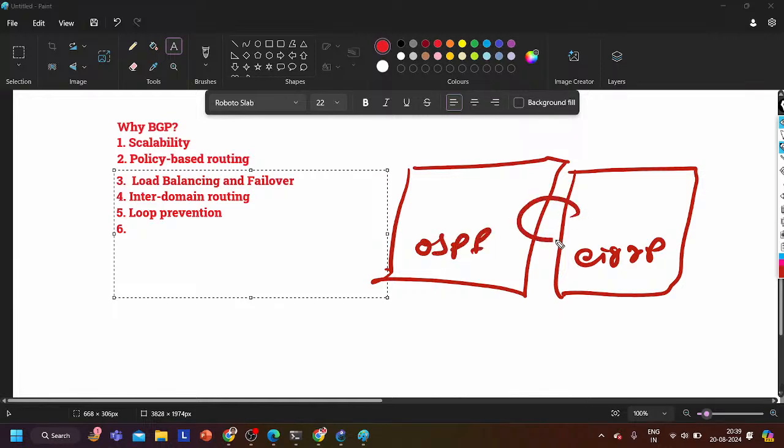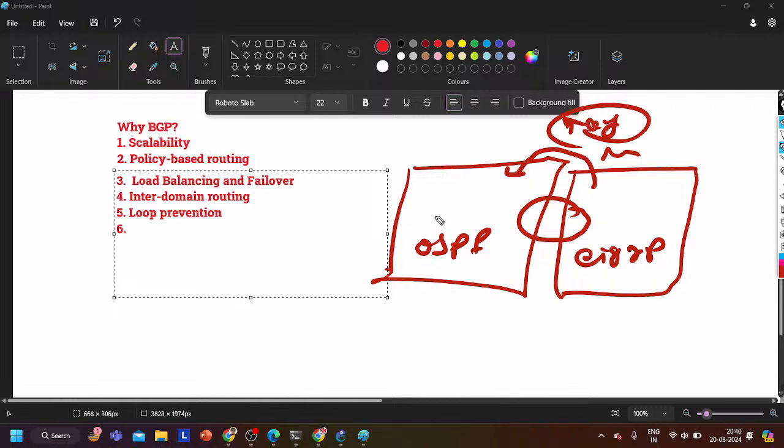Here I have one border router, ASBR router, right? While redistributing EIGRP routes into OSPF, how many options do you have to differentiate the external route? You can use the route map, you can add the tag value, that's it, right? You can change the metric type 1, 2. That's it, right? Only 1 to 2 options are available to differentiate or filter the route.